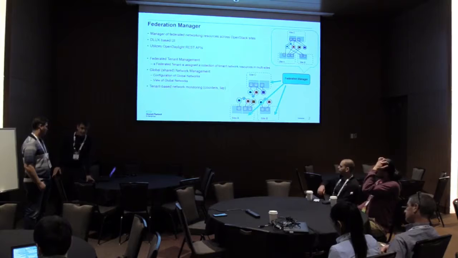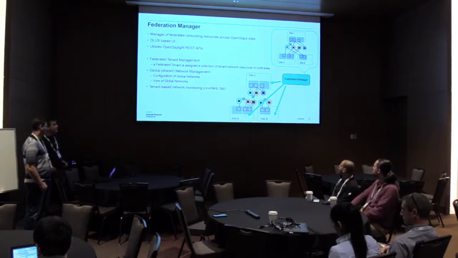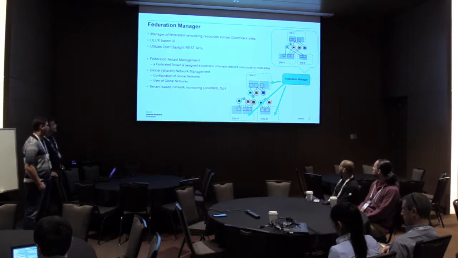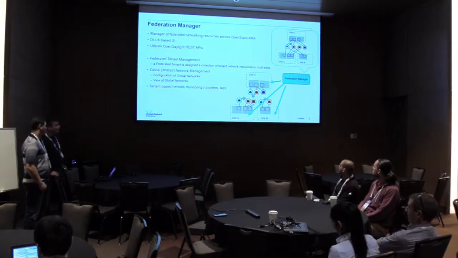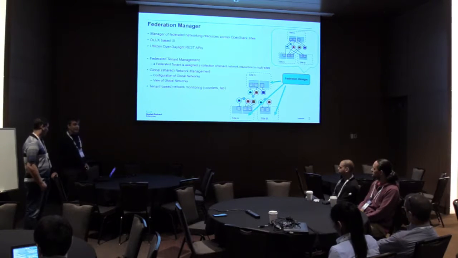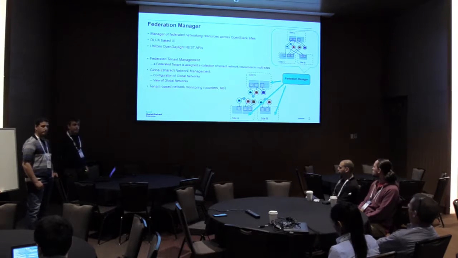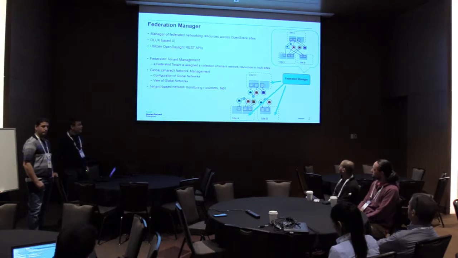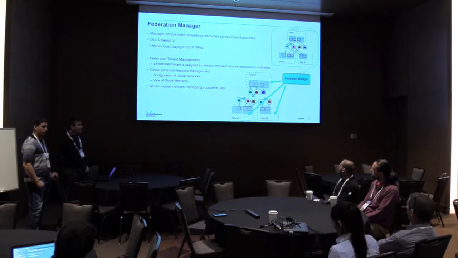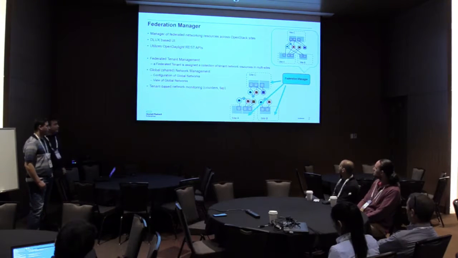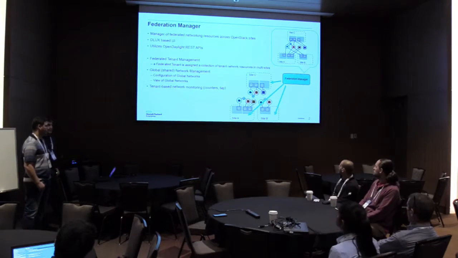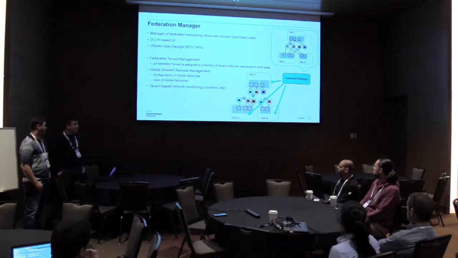So, basically, why we created this federation is to allow multiple OpenStacks, multiple sites, to share the same networks. If you have, for example, three sites, A, B, and C, each one has its own network.